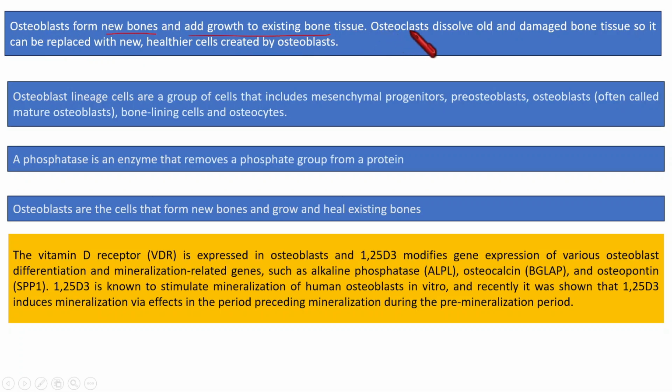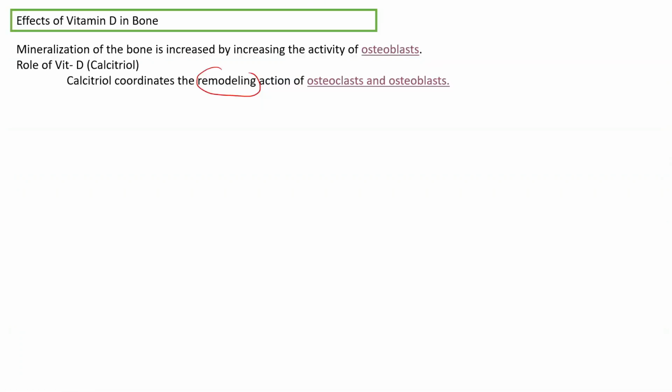But at the same time, osteoclasts are dissolving out old and damaged bone tissue, and because of that action, the damaged bone tissue can be replaced with a new one contributed by osteoblast cells. So, function wise, that is the difference between osteoblasts and osteoclasts.